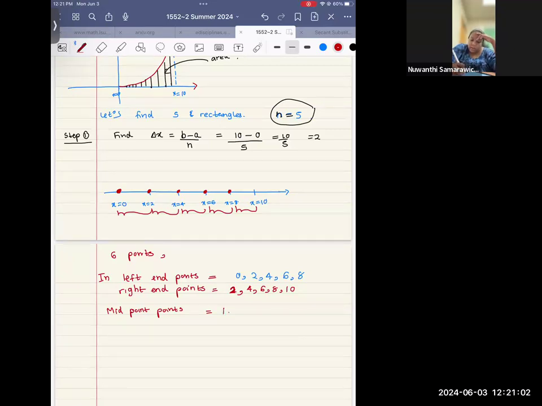Very good. So it is 1, because midpoints are these points. Here it is 1, here it is 3, here it is 5, here it is 7, and here it is 9. So for midpoints we use 1, 3, 5, 7, and 9.